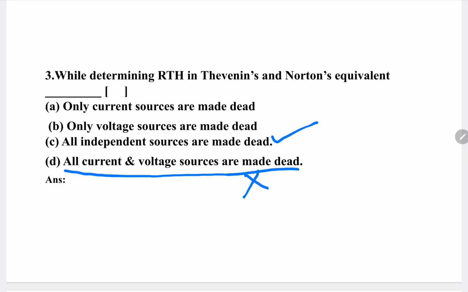Ideal voltage sources are replaced with their internal resistance, that is zero resistance, a short circuit. That means ideal voltage sources are short circuited, ideal current sources are open circuited, and practical voltage sources and practical current sources are replaced with their internal resistances. So this is the procedure while calculating the Thevenin's resistance.